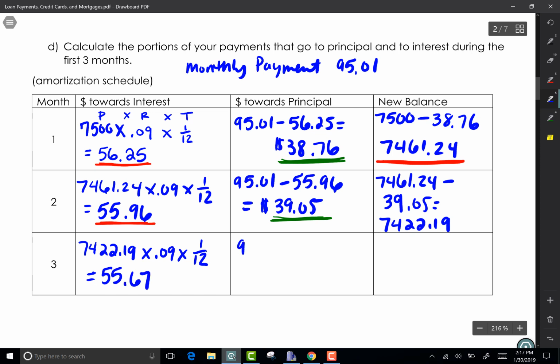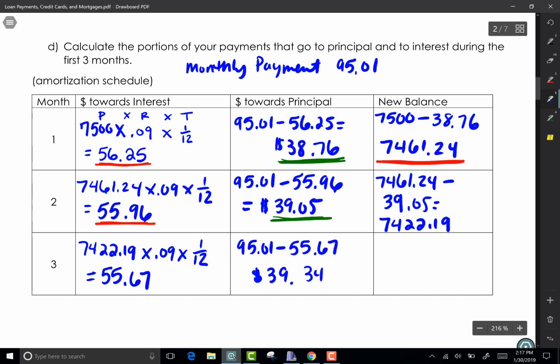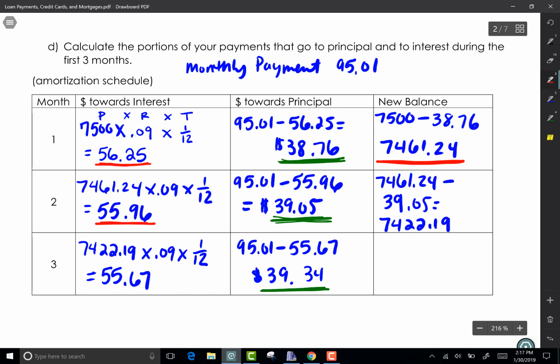Which means then we can use that to calculate how much is going to go towards the principal or our new balance. So when I take 95.01 minus 55.67, I'm going to get $39.34.